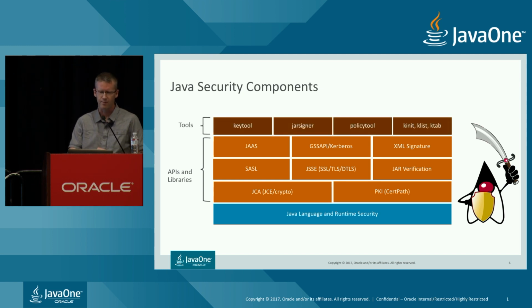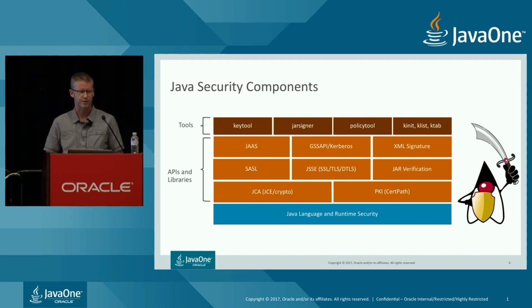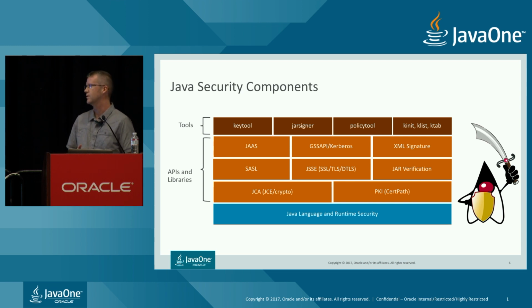And then finally at the top, we have a small set of security tools for managing security. We have Key Tool for managing the contents of Keystores, certificates, keys, and so forth. Jar Signer for signing and verifying jar files. Policy Tool is a clunky graphical user interface for editing policy files.